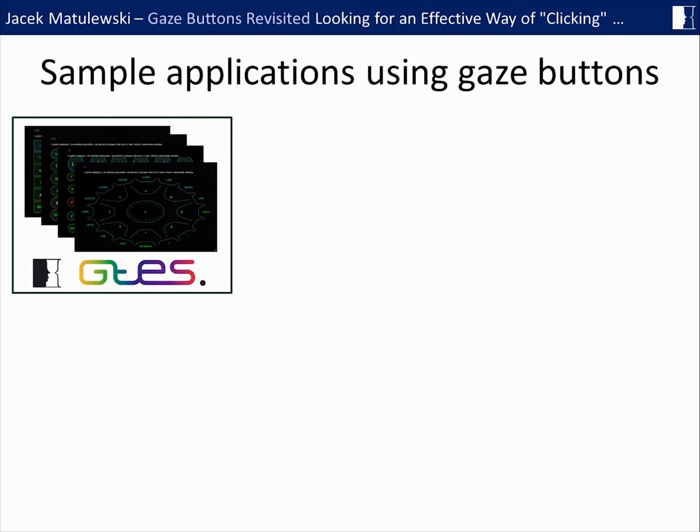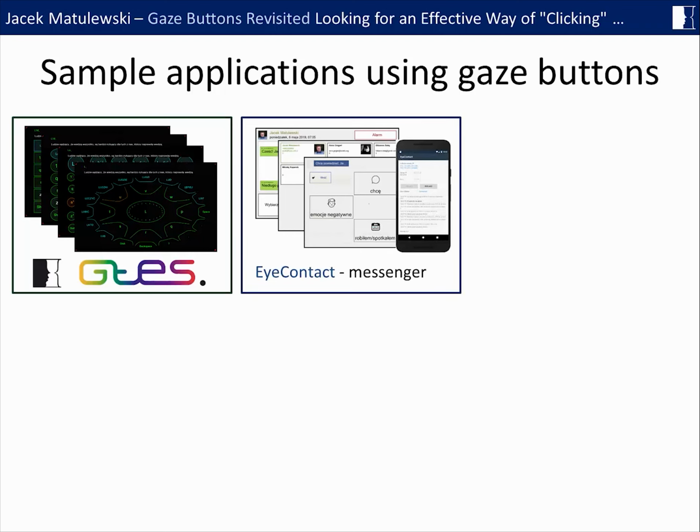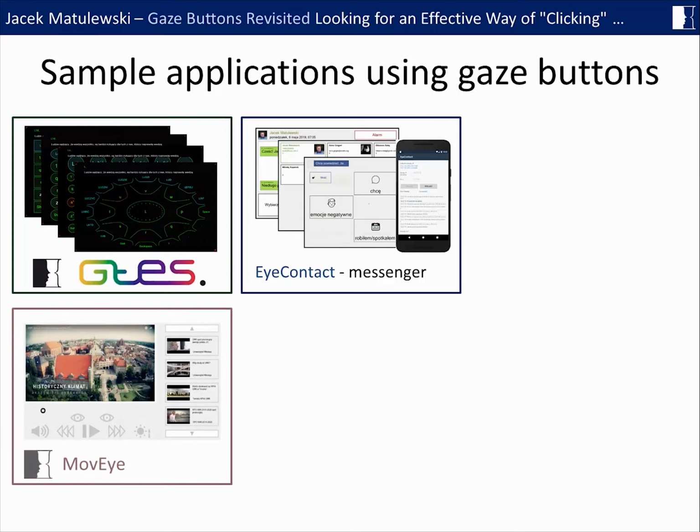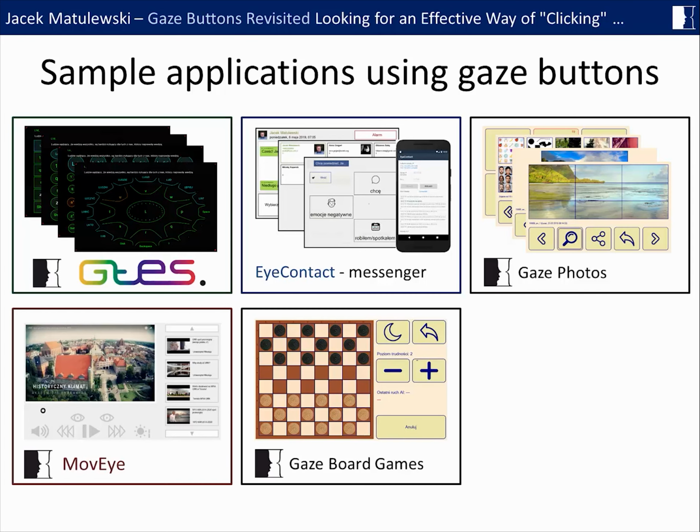Using gaze buttons, we also prepared an instant messenger that allows one to send SMSs and emails. It is convenient because it does not require any specialized software from the message receivers. There is also a gaze-controlled client for the YouTube service, a photo browser with the possibility of sharing photos with one's partner, family and friends, and gaze board games, for example checkers and tic-tac-toe.